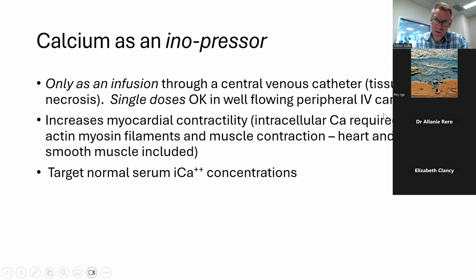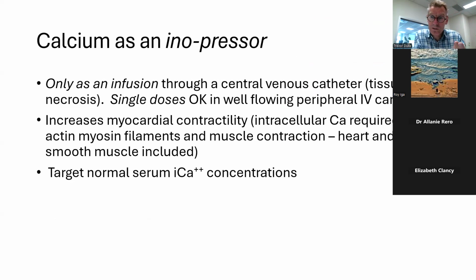Sometimes in some patients, if a child's on adrenaline or noradrenaline, you've given steroids, you've given enough volume, you've made sure the hemoglobin's okay, the albumin's all right, then sometimes using calcium can be a good inopressor. What that means is that it can stimulate the heart, and it can also lead to some vasoconstriction.